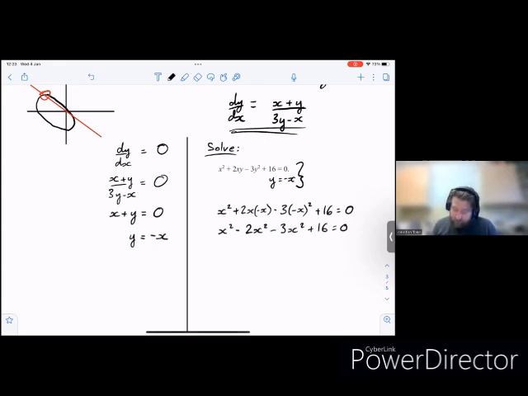Which gives us, we've got x squared minus 2x squared minus 3x squared, so we've got minus 4x squared plus 16 equals 0. Did I do that right? So yeah, we've got 16 minus 4x squared equals 0. Divide both sides by 4, we get x squared equals 4. So this means x equals plus or minus 2.